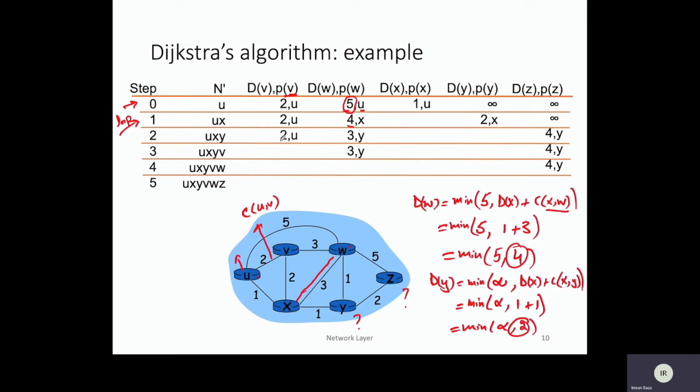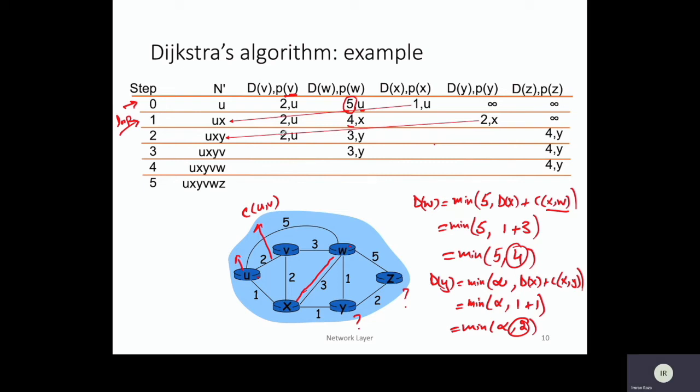Here we can add either V or Y, because these two nodes have the same cost. V is the directly connected neighbor, so it will not make any difference. We can add any node, by the way. So we'll add Y here. So what we have done is we will add Y into N.